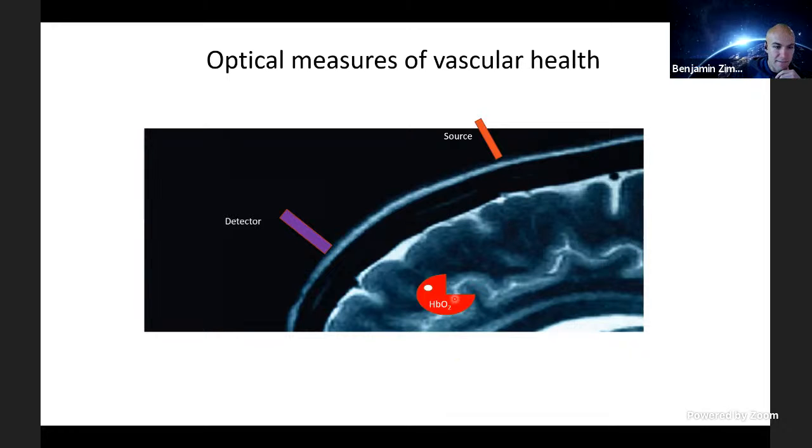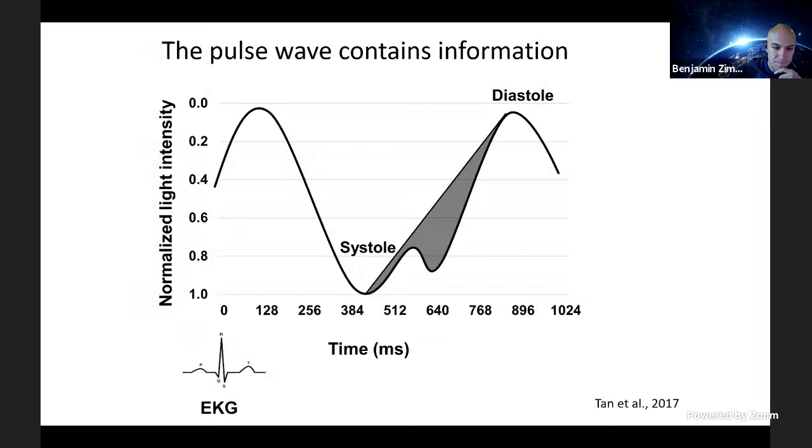So then less of the light will end up reaching the detector if there's more of this here. And this actually happens very strongly in the arteries with every heartbeat. So after each heartbeat, the amount of light that reaches the detector drops when that pulse wave reaches the area that you're measuring from. So this pulse wave is actually a relatively large signal that we can often measure on single trials.